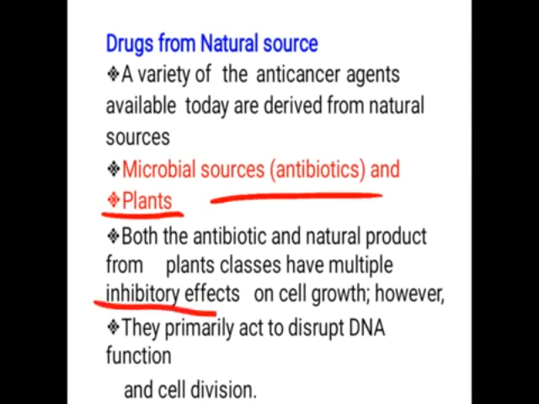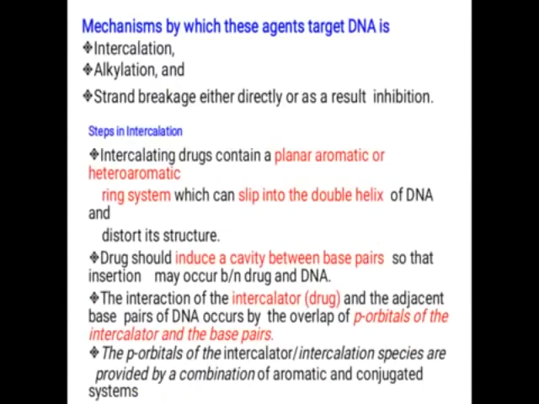They are both responsible for inhibiting the uncontrolled growth of the cell. But the main mechanism of action behind these antibiotics is that they disrupt DNA function and cell division. That is the primary mechanism of action of these anti-cancer agents.